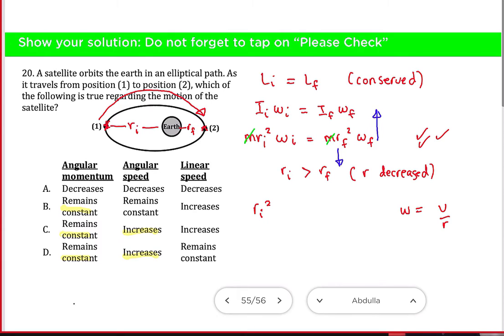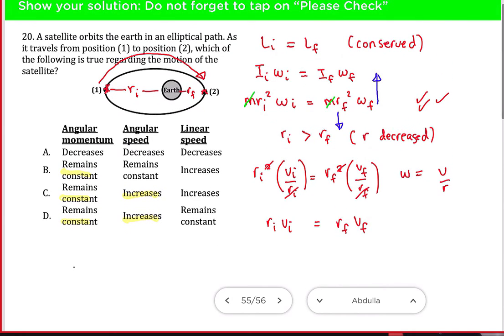So omega initial would be equal to V initial over R initial, is equal to R final squared multiplied by omega final, which would become V final divided by R final. And that allows me to cancel the square on the left and the right side of the equation. So that gives me Ri Vi is equal to Rf Vf, where V is my linear speed.